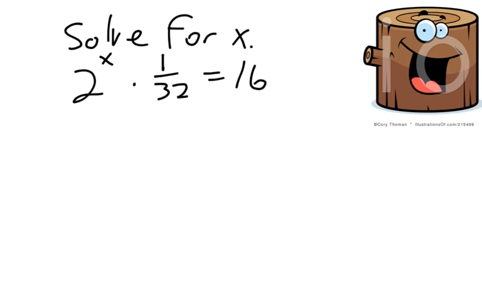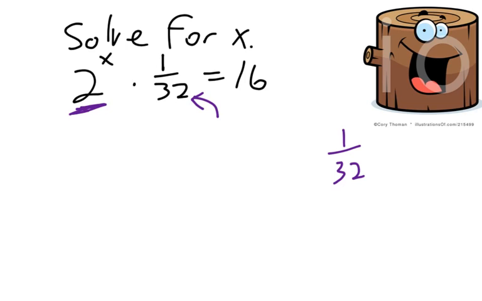All right, we haven't talked about getting the same base whenever you have the base on the bottom. But we do know about negative exponents, right? So all I'm going to do is look at that 32, and I'm going to do this off to the side. 1 over 32, I need the base to be 2, because that's my smallest there.